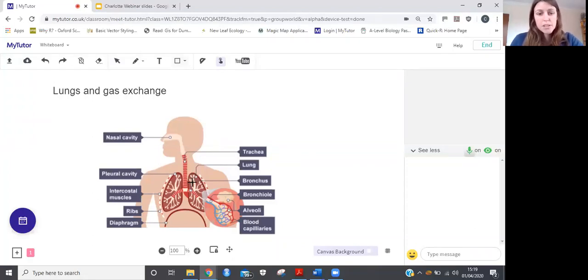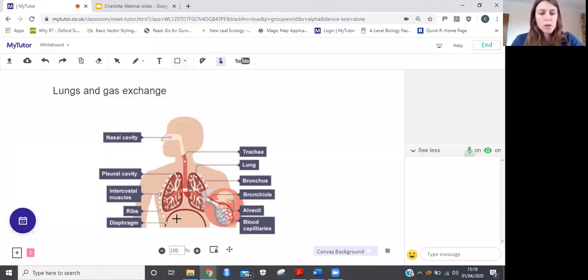Our lungs are made up of the bronchus, which is the main air passageway in the lung. They then split into bronchioles, which are smaller passageways again, and then they split in turn into alveoli, which are these tiny sacs where gas exchange takes place by diffusion in the lungs. So that's our respiratory system as a whole.